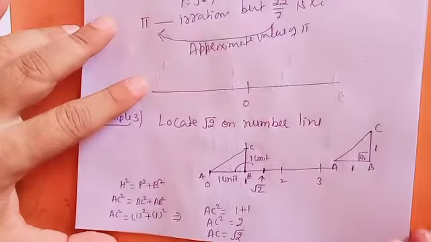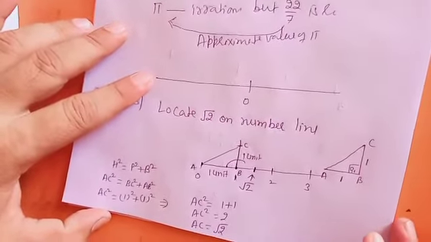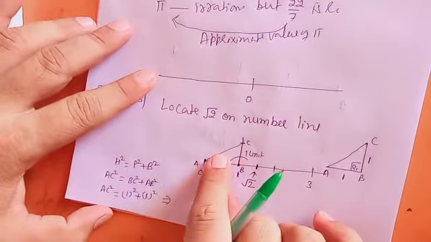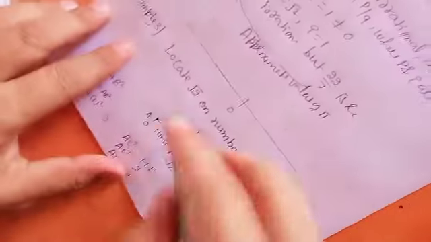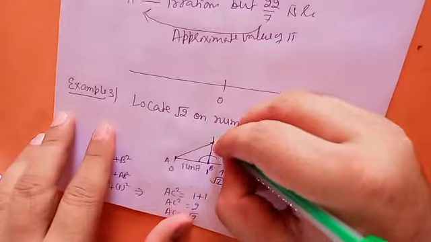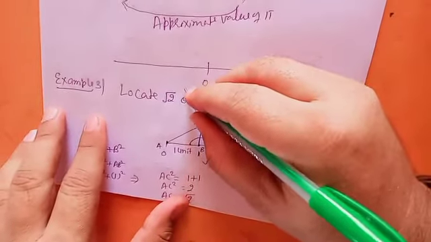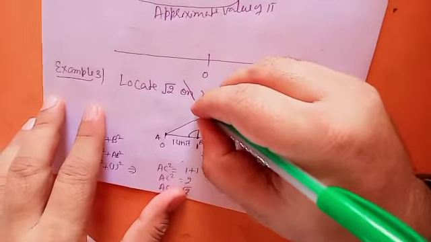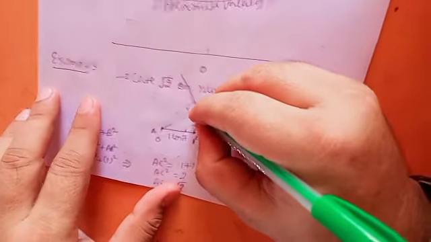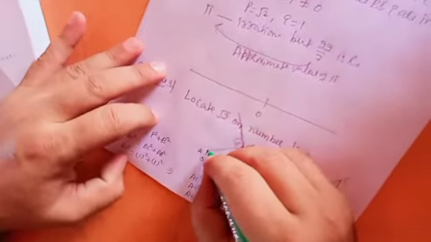If anybody asks you to find under root 3 on the number line, what can you do? First you find under root 2. After under root 2, this is a point, this is a line. Here you have to make a 90 degree angle. Measure this length and cut here like this. Cutting here, join this.